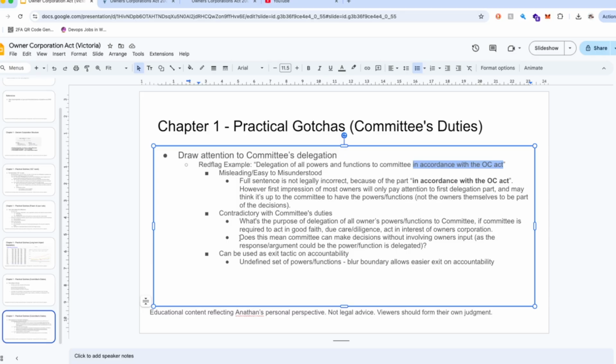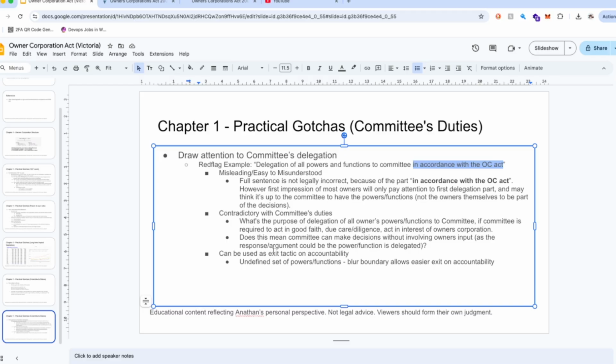And the next question: does this mean the committee can make decisions without involving owners' input? As a response, for example, if there's some particular decision which the committee has made, and you question the committee, why did you make that decision?